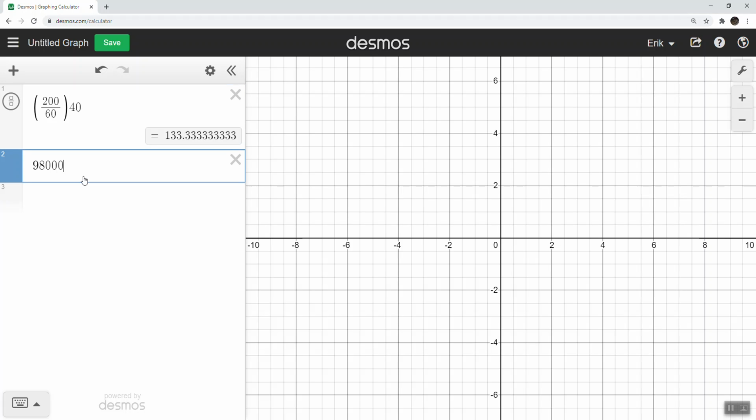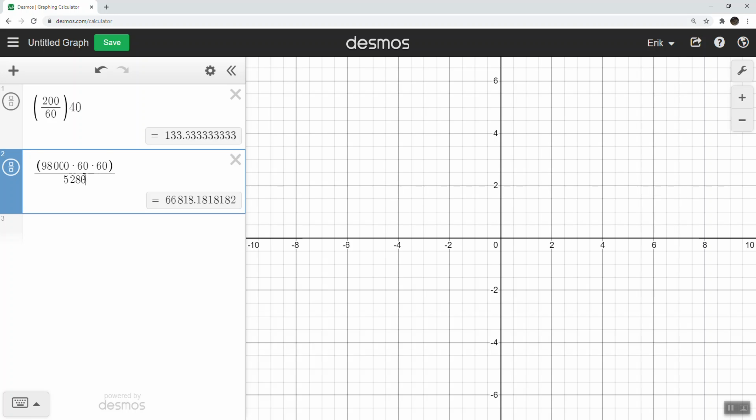So 98,000 times 60 times 60. And then, ooh, look at that. I hit division, but I didn't put in parentheses, and it's going to divide just the 60 by this value. That would give me the wrong answer. So I've got to do the parentheses, then divide, and Desmos makes that nice fraction. And we're dividing by 5,280. And there's our result.